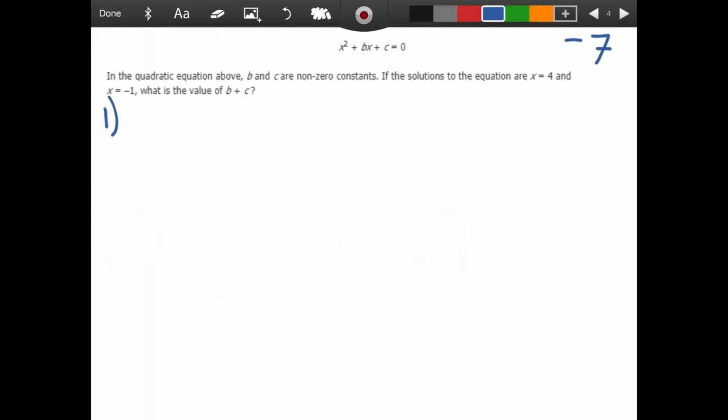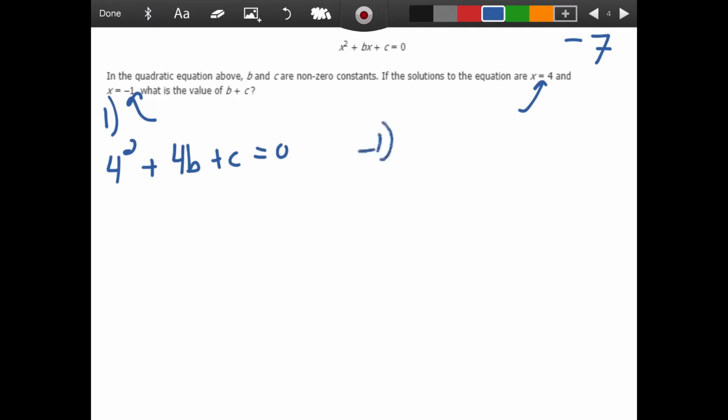We know that 4 and -1 are solutions to this problem. So let's plug in for x with 4 and -1. So on one side, we'll have 4 squared plus 4 times b plus c. That's equal to 0. And then on the other side, we'll do the same with -1.